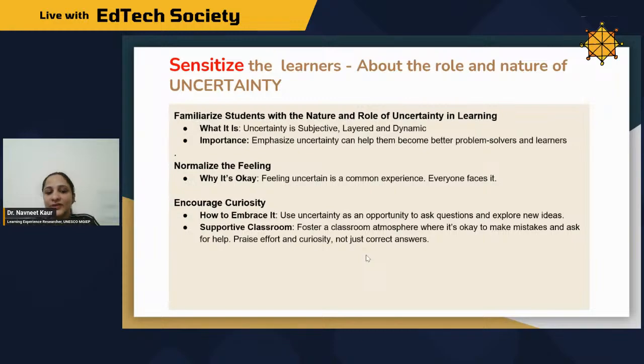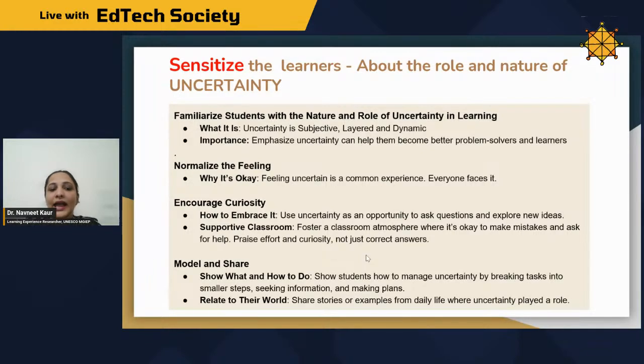As teachers and facilitators, we need to praise the efforts and curiosity that learners show, and not only praise them when they're giving correct answers. And then we need to model and share. We have to show how to manage uncertainties. So show students how we can break tasks into smaller steps, where to go and seek information, how to make plans.